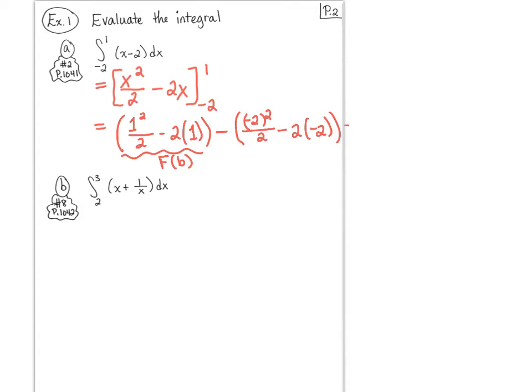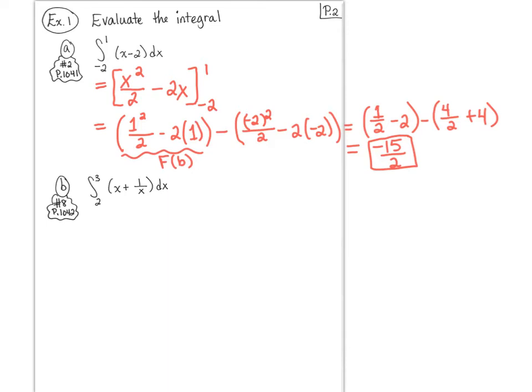So that's equal to 1/2 minus 2 minus, negative 2 squared is 4 divided by 2, plus 4. Whenever you simplify it, that gives us negative 15 halves. And that's your final answer. So we just evaluated a definite integral. That's called a definite integral.